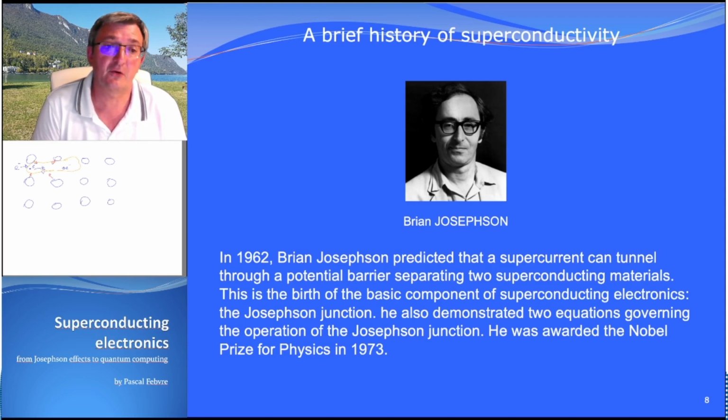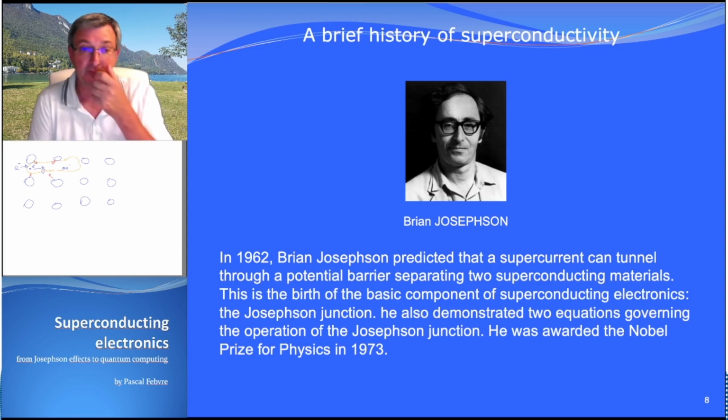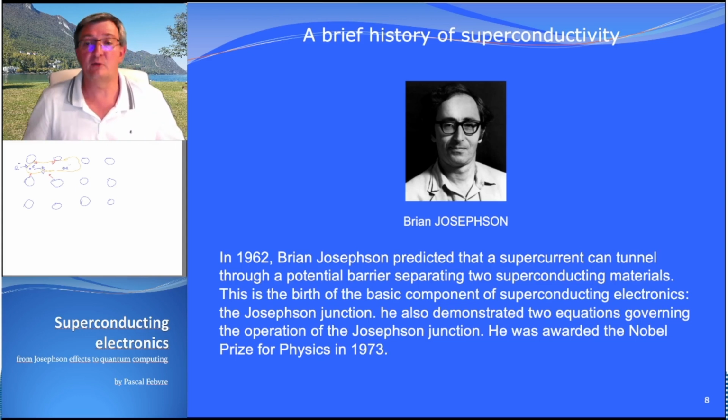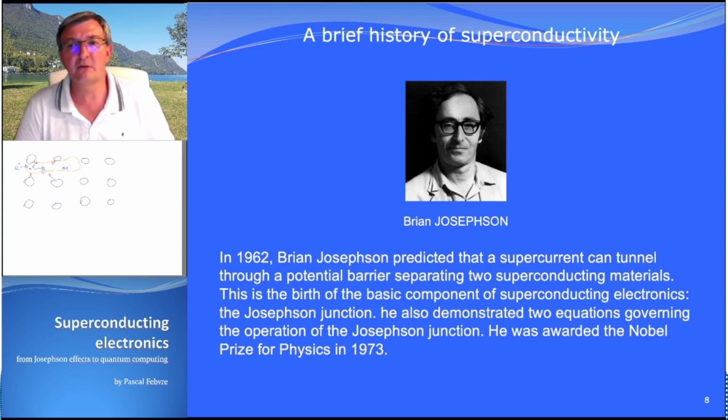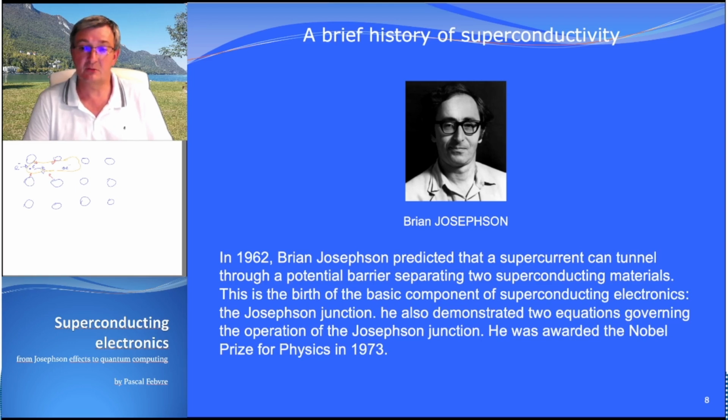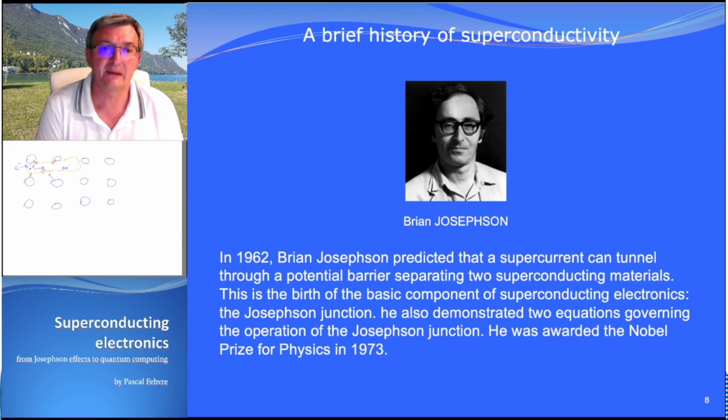There are of course other ways to use superconductors, as long as you can make smart devices, like we have transistors in semiconductor electronics. Brian Josephson in '62 made the prediction that a supercurrent can tunnel through a potential barrier when you place two superconductors very close to each other.